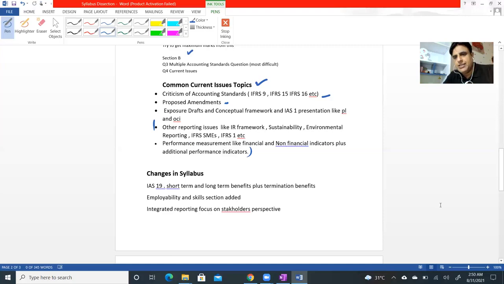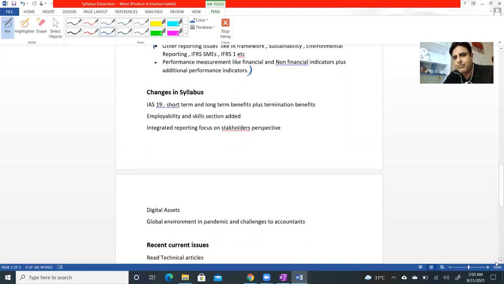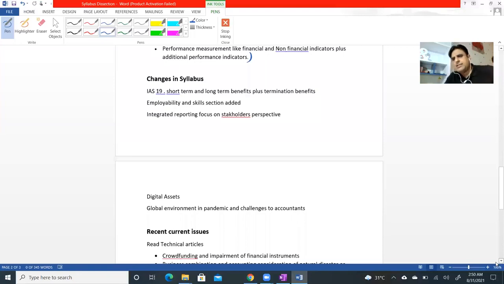Now the changes in accounting, the changes in our syllabus. Although the SBR syllabus has not been changed very much, it has some changes. Like the first one, we have IAS 19.